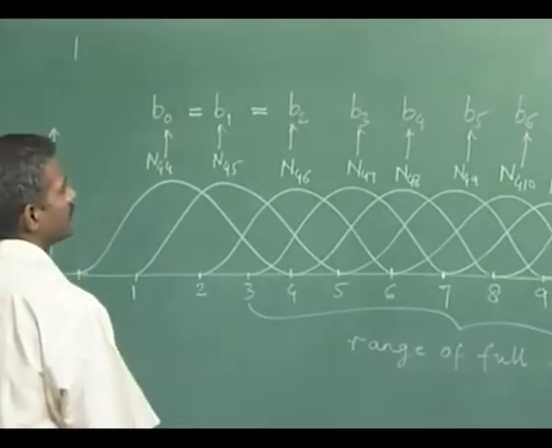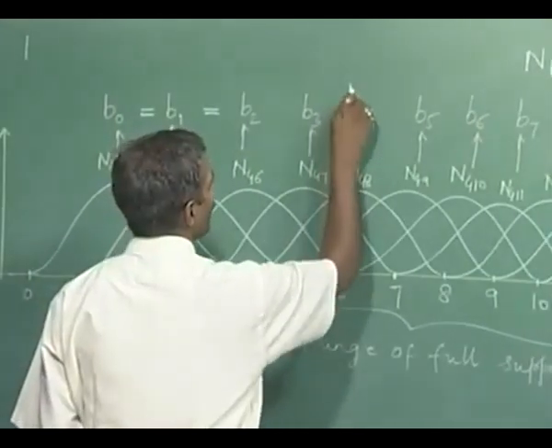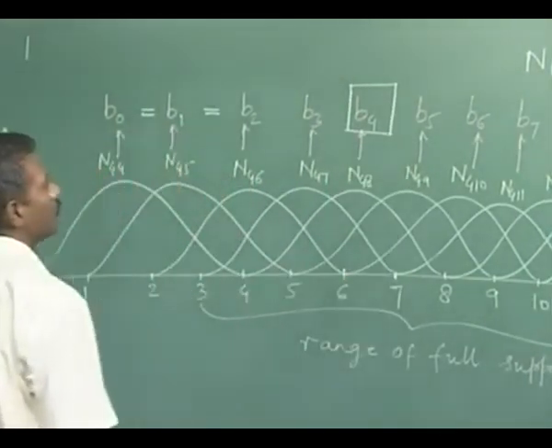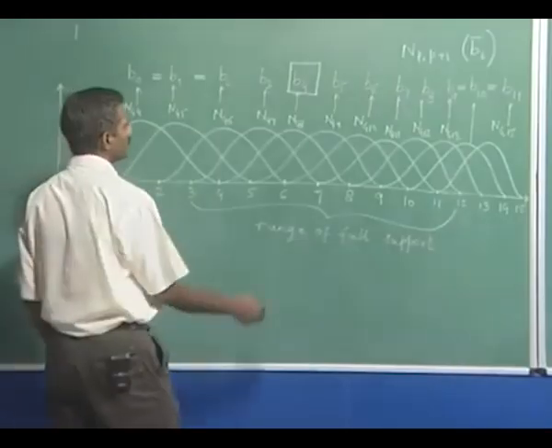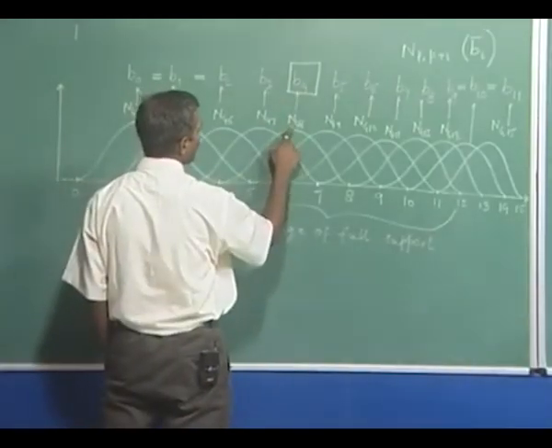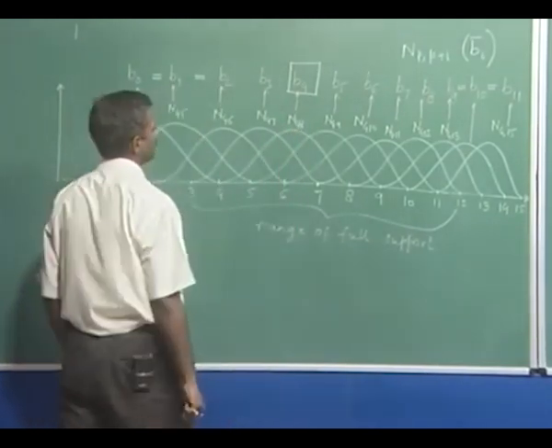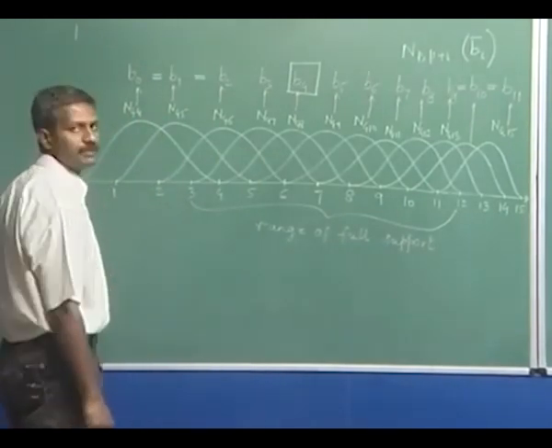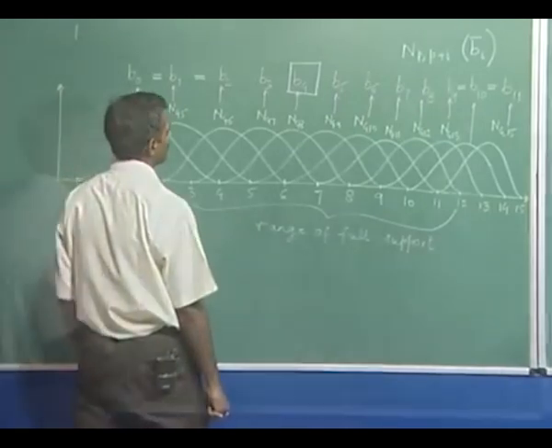My fifth design point is here, and I would want my B-spline curve to pass through B4. That would mean that I'll have to make N48 equal to 1, and I'll have to do that by raising knot multiplicity.